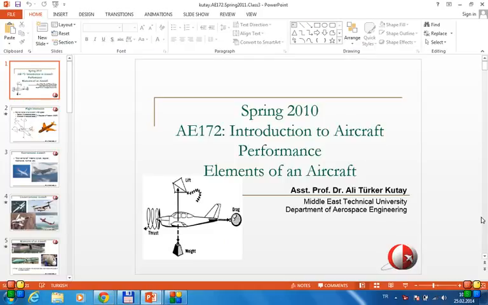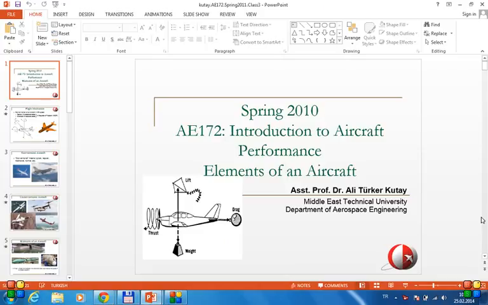So I think I told you this before, but this course has two parts. The second part will involve some calculations. As an engineering course, there will be some equations involved, and we will be using those equations to calculate certain numbers that define the performance of an aircraft. But the first part of this course is more descriptive.